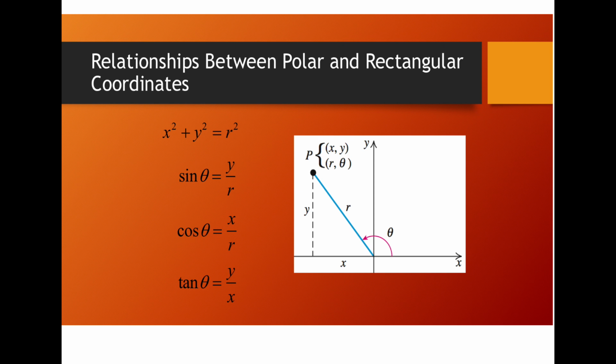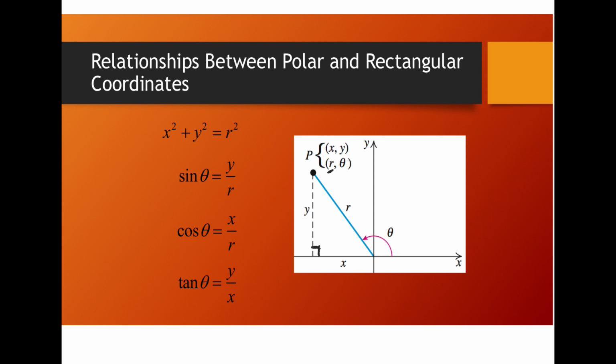Here are our relationships. Number one, we know that we've got a right triangle here. And so we have, as you guys are familiar, the ability to use the Pythagorean theorem, where x is one side, y is the other side, the two legs of the 90-degree angle of our right triangle, and r is the hypotenuse. And so x squared plus y squared we know is equal to r squared. But notice r is a part of the polar coordinate system there.